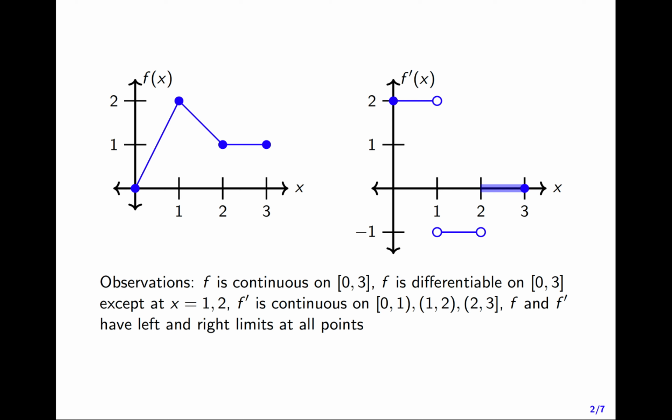Like if you approach x equals 1, the left limit of f prime, well, it stays up at 2, so that limit is 2, and the right limit of f prime is minus 1. So left and right limits exist at all points. There's no blow up, there are no asymptotes or things going to plus or minus infinity in either of these graphs. They're pretty well behaved, they're pretty tame graphs.